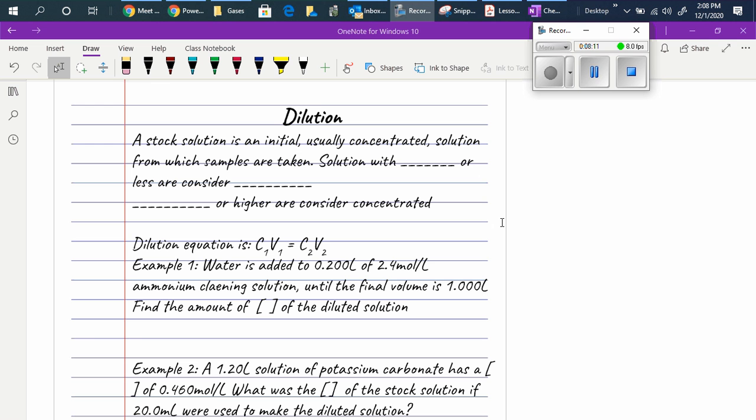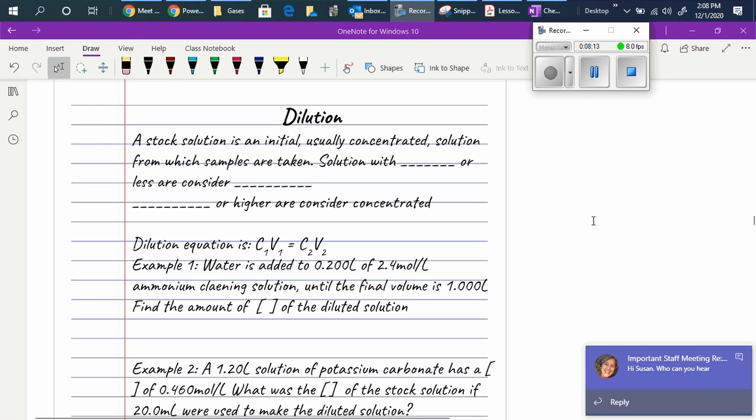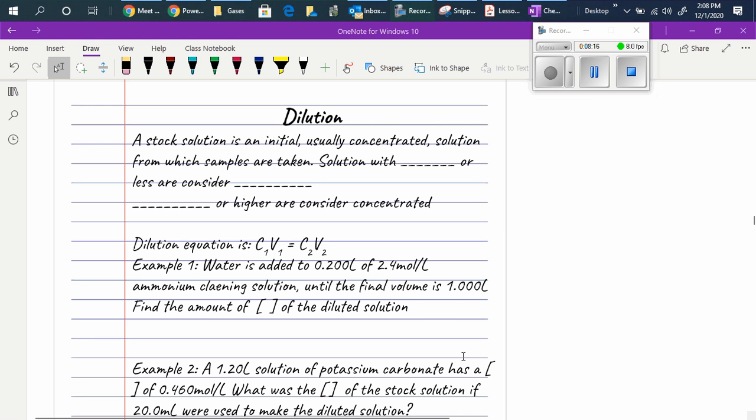And now when we are talking about dilution, we have to consider that a solution with a molarity of 0.1 or less is considered to be a dilute solution.